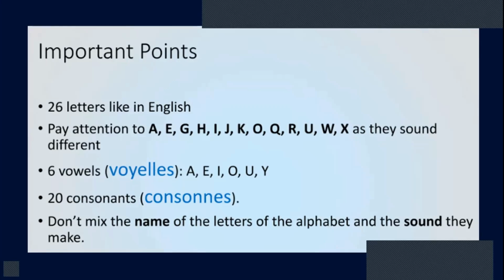Then we also have the consonants, called consonnes in French. We have about 20 of them. In the course of our studies, we will see why the vowels' pronunciation and the consonants' are different, so we are not going to miss them. So don't miss the names of the letters of the alphabet, and the sound each one makes.